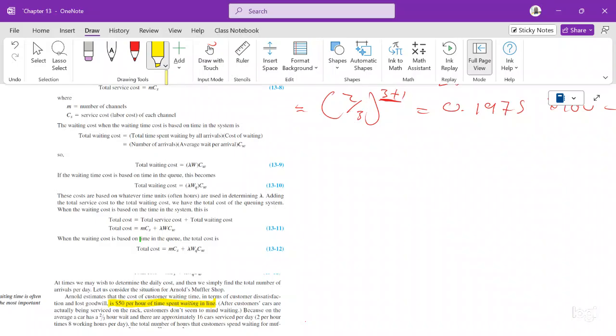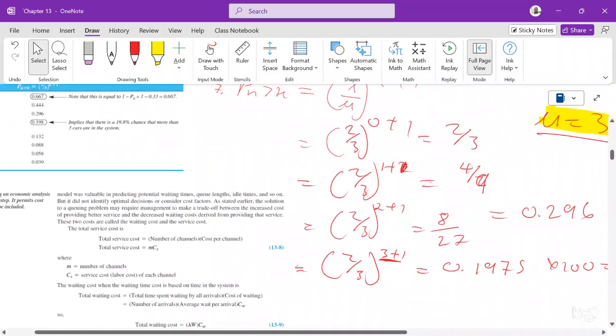Arnold estimates that the cost of customers' waiting time in terms of customer dissatisfaction and lost goodwill is $50 per hour spent in the waiting line, right? Spent waiting in the queue, right? This is what it means. Waiting online, it's the queue, meaning WQ. So it kind of derives which values we're supposed to use going forward.